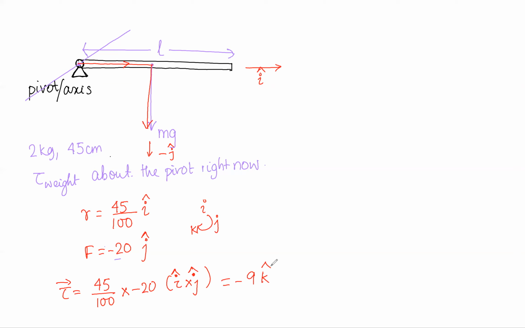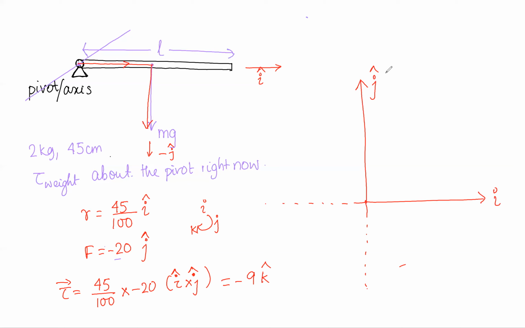So what is minus 9 k cap? What is k cap first of all? Try this first of all. This is your right hand thumb rule. This is i, this is minus i, this is j and that's minus j. So what is the direction of k? To find out the direction of k, you do i cross j using your right hand thumb rule.